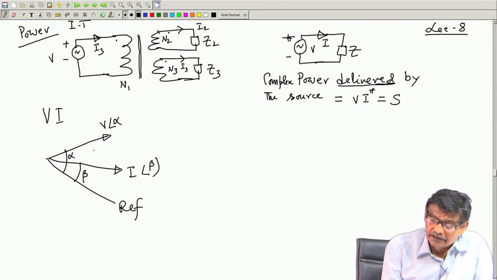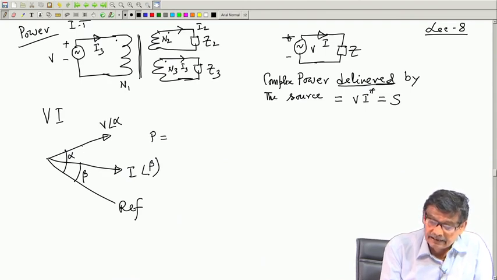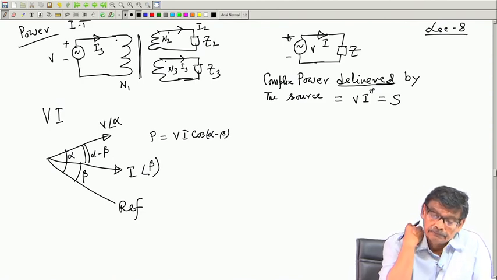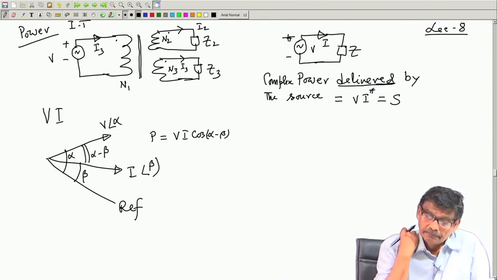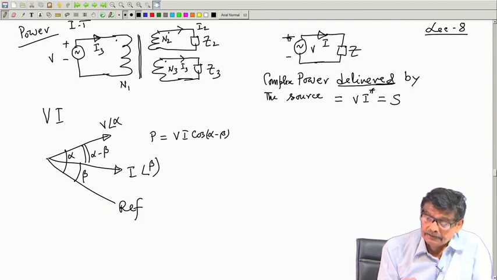Therefore, real power, as you know, should be V I cosine alpha minus beta, is it not? This angle is alpha minus beta. So real power is V I cosine alpha minus beta, and reactive power will be V I sin alpha minus beta.